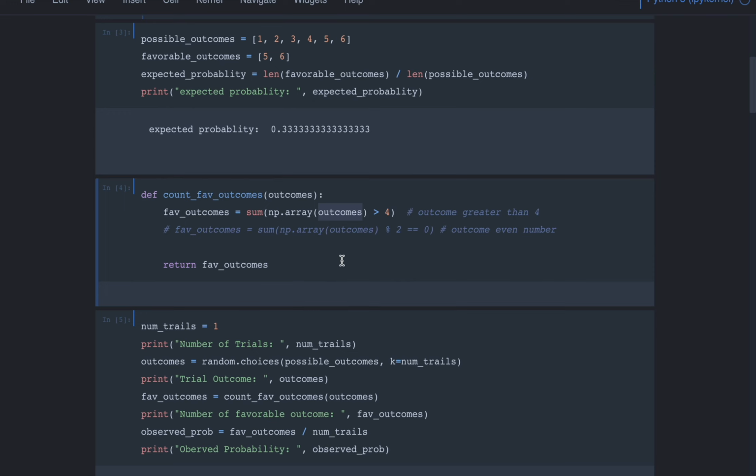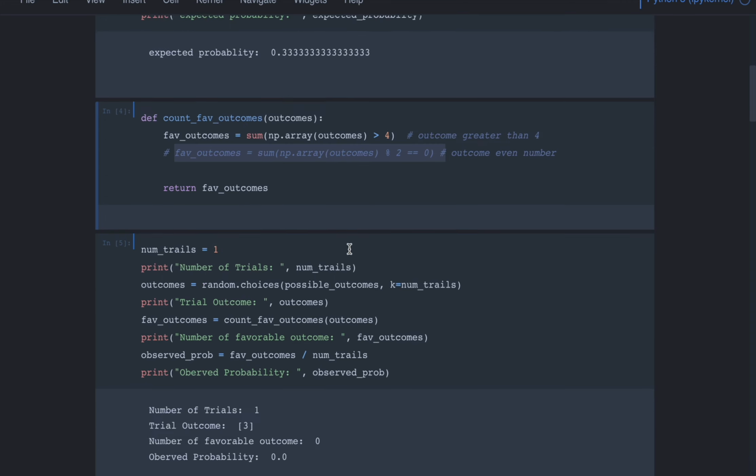Now if we are asking what is the probability that the number is an even number, you can simply change the definition of the favorable outcomes. For example, here you divide by 2, and if the remainder is 0, then that would be an even outcome. Okay, even numbers. All right.